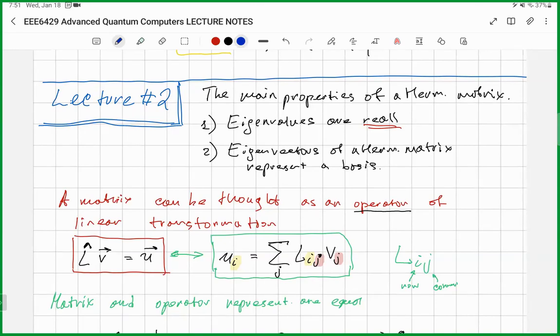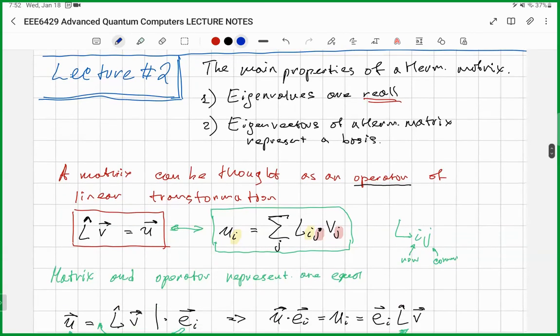An operator takes a vector and changes this vector somehow. It rotates the vector, makes it shorter or longer, deforms the vector, right? And vice versa, any operator can be replaced by its corresponding matrix.